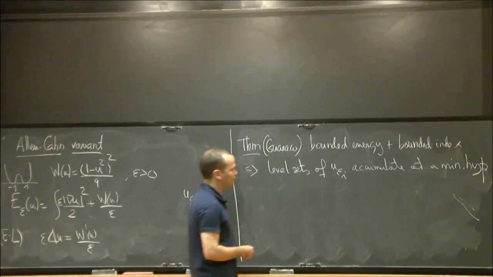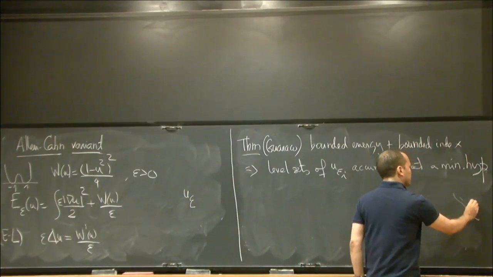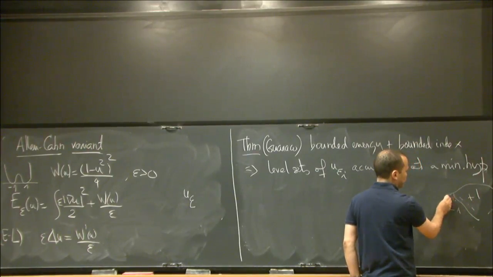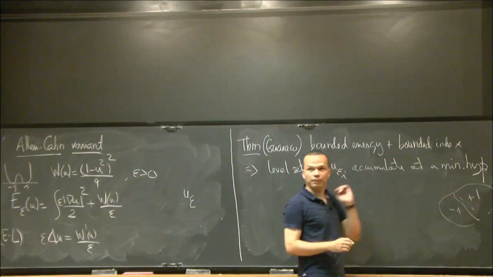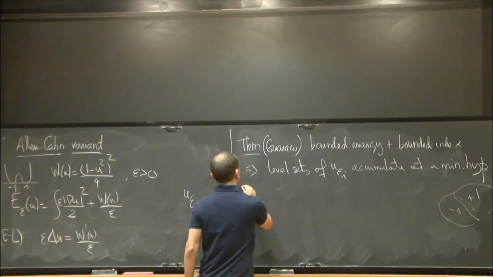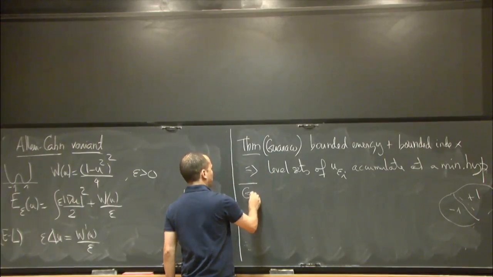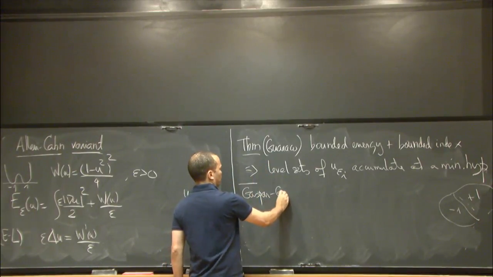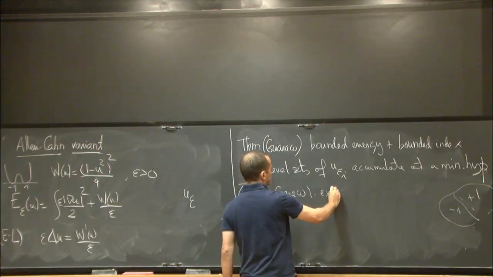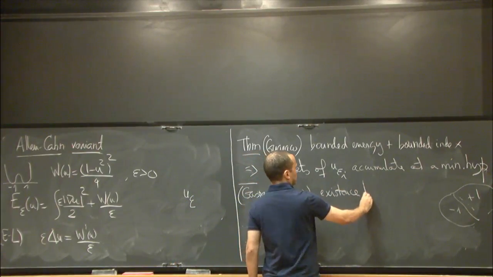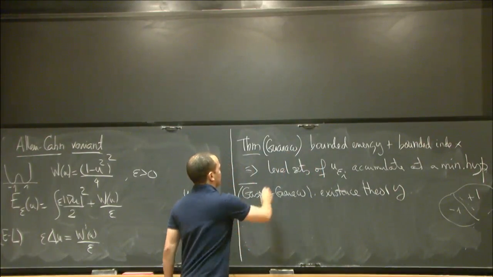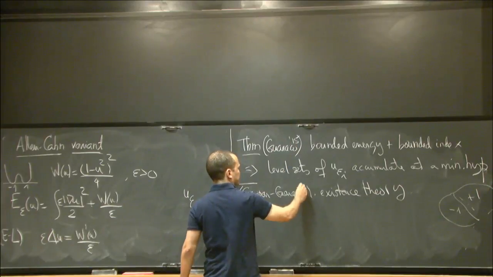So there's a fight, and it's going to be +1 in some component, -1 in the other component, and the interface will be a minimal hypersurface. Then Guaraco and Gaspar went on to get an existence theory using multi-parameter sweepouts. I think this is 15, maybe 16 here.